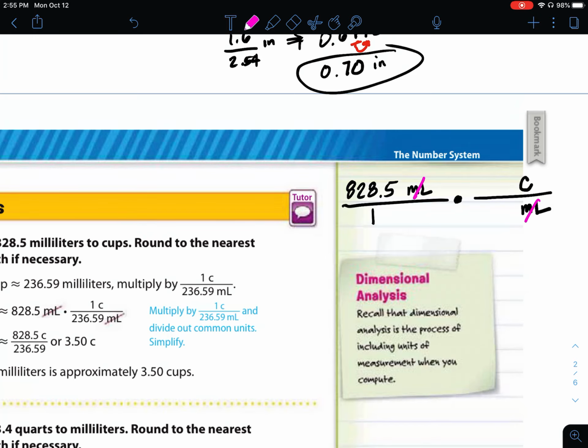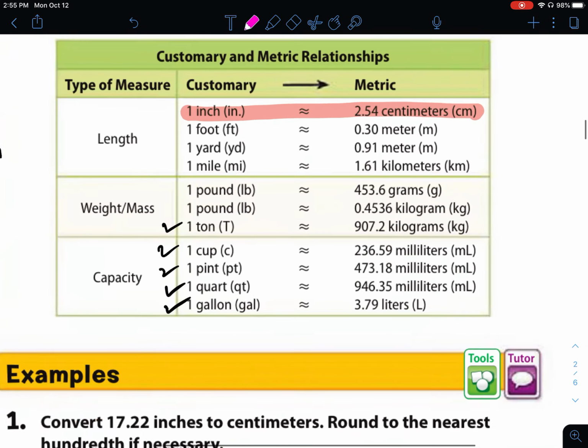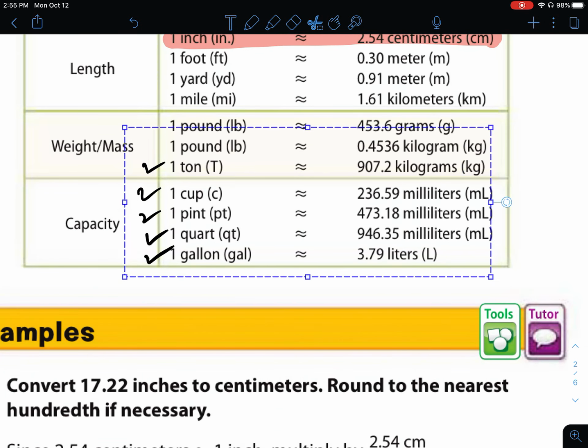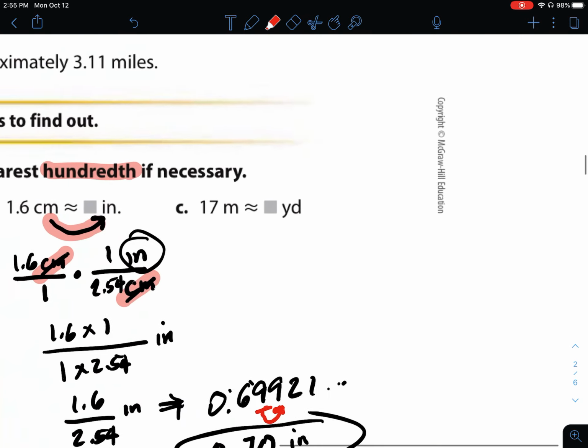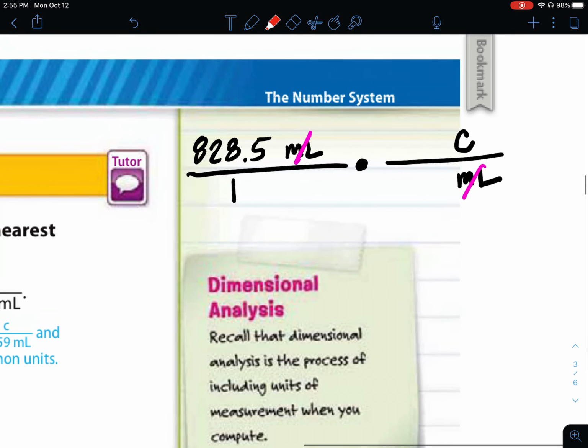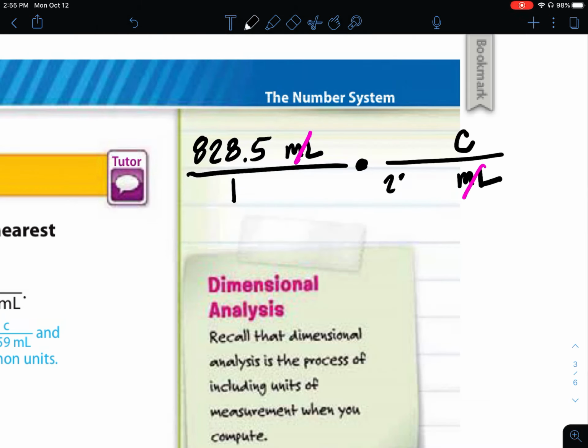Now let's find on our table where we can see a relationship between milliliters and cups. So going back to our table, let me erase this so we don't get confused. We can see right here is the relationship. 1 cup is equal to 236.59 milliliters. So I'm going to write 236.59 milliliters equals 1 cup.